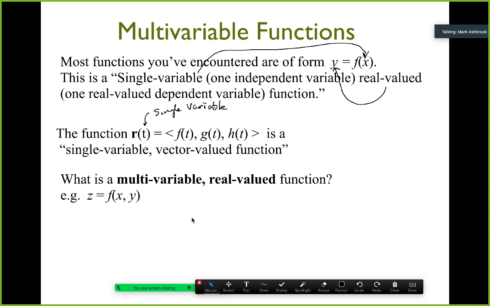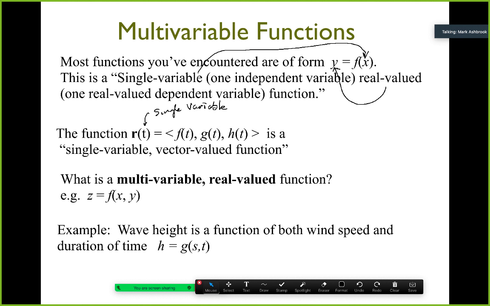A good real world example would be wave height. Wave height is a function of both wind speed and duration of time. If everything's calm on the ocean, and a big gust of wind comes up for 5 or 10 seconds and then dies down again, what kind of waves do we get?